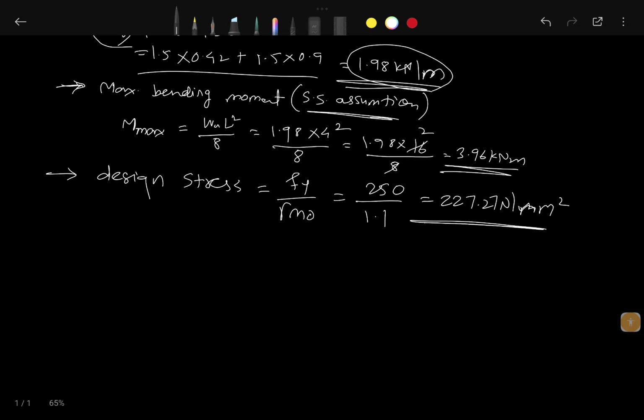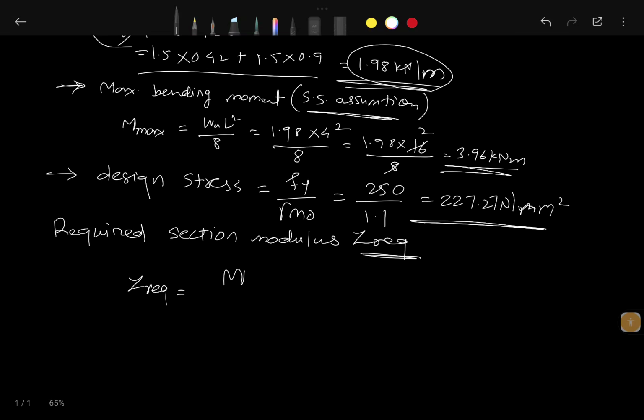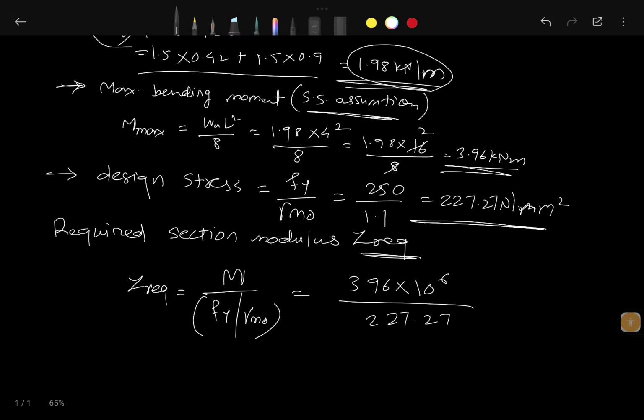Now the required section modulus, Z required. The formula is M divided by Fy divided by gamma m0. Here M is 3.96 into 10 to the power 6 divided by 227.27.